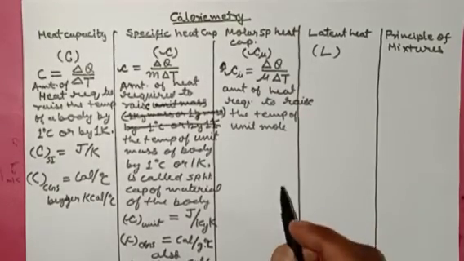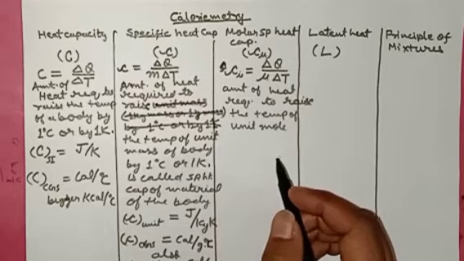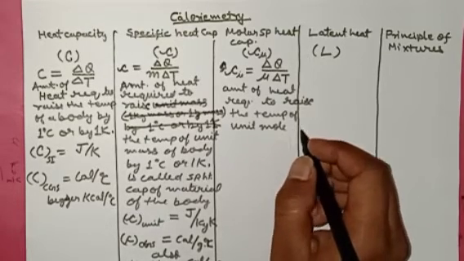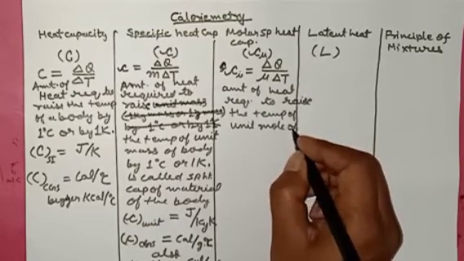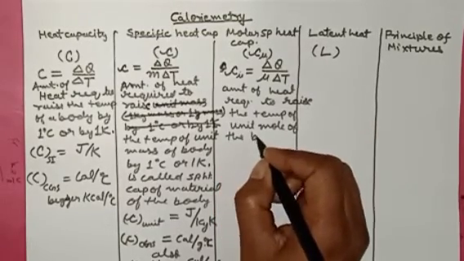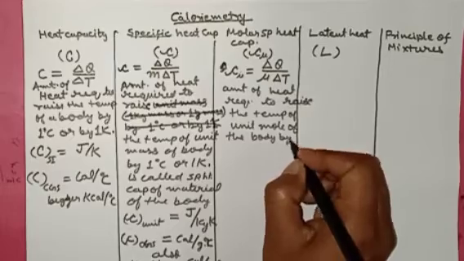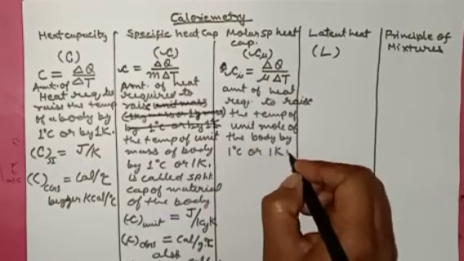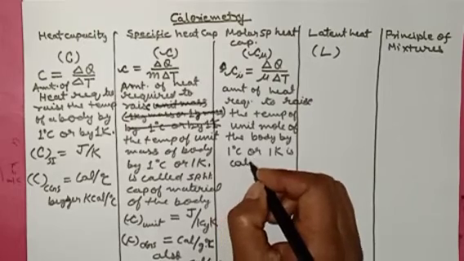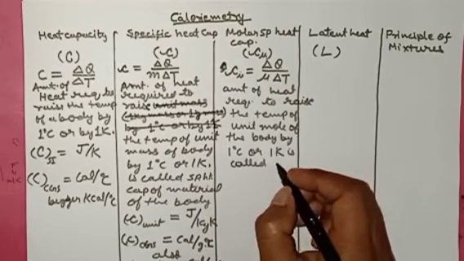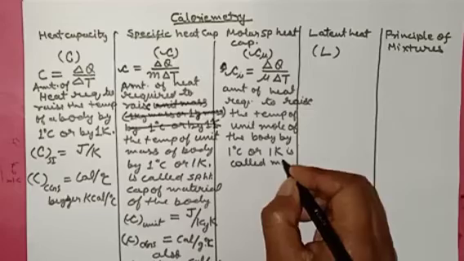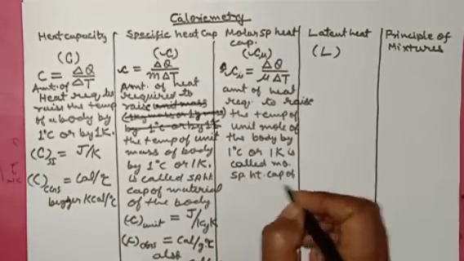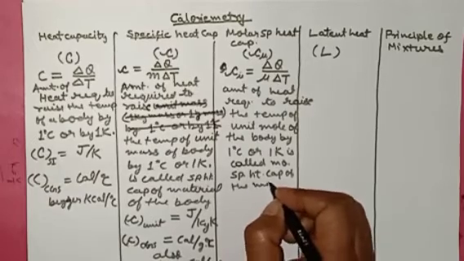It is mostly used for gases, but can be used for any material. Unit mole of the body by 1 degree Celsius or 1 Kelvin is called molar specific heat capacity of the body, of the material of body.